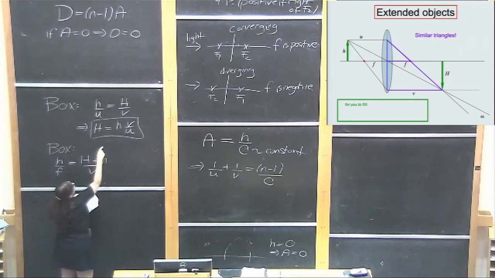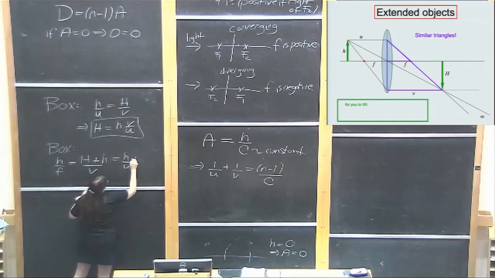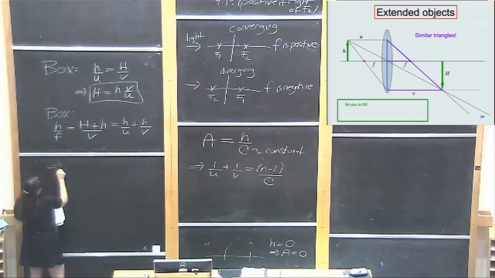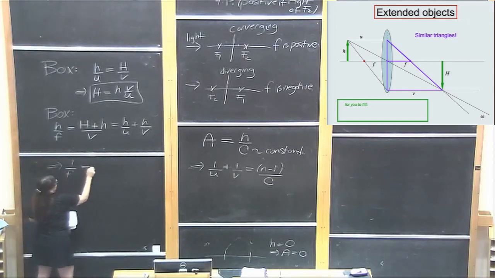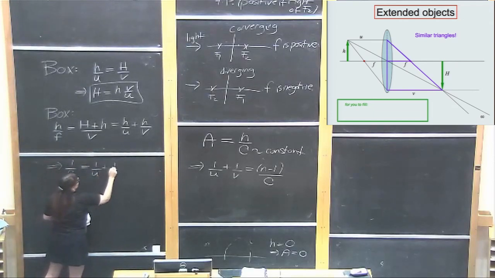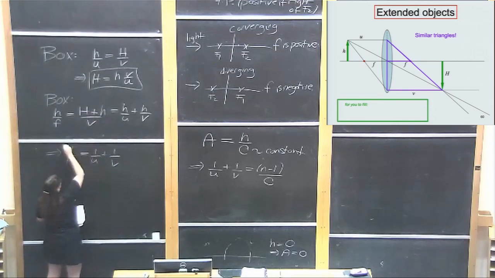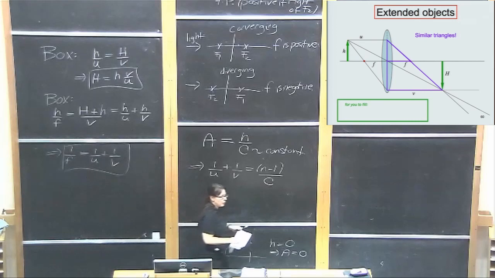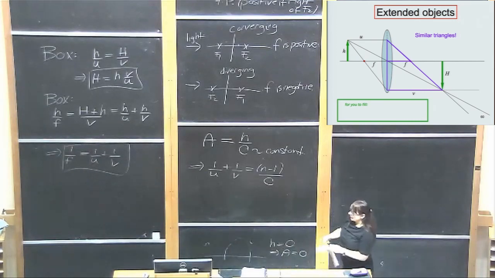And we know from that that that is simply little h over u plus little h over v. So all our little h's cancel, and we've recovered the lens equation.